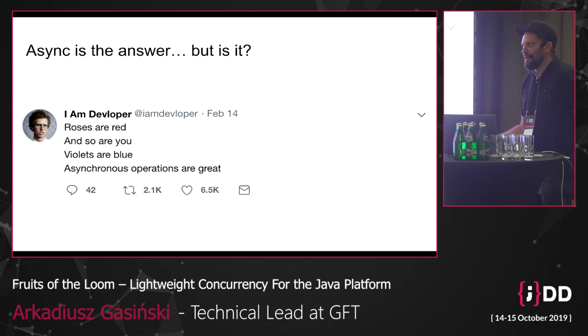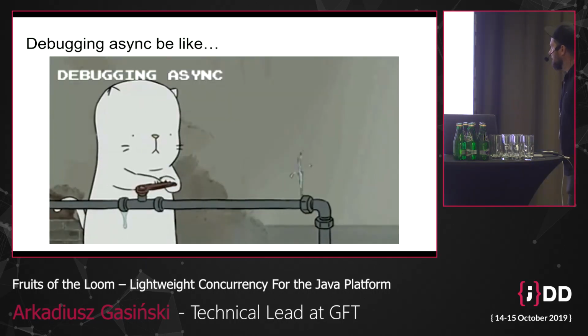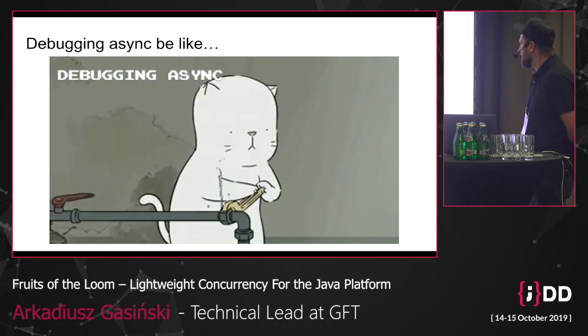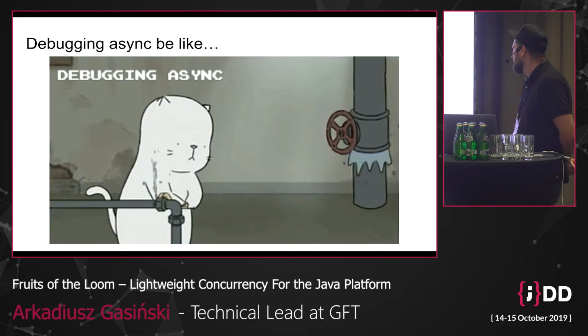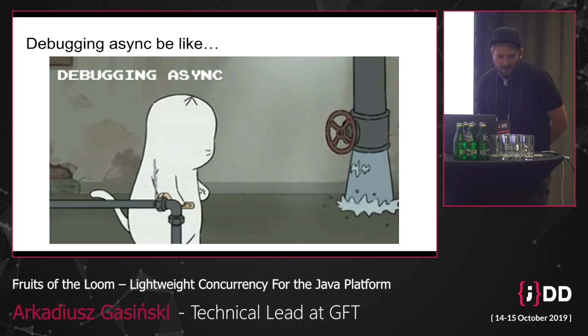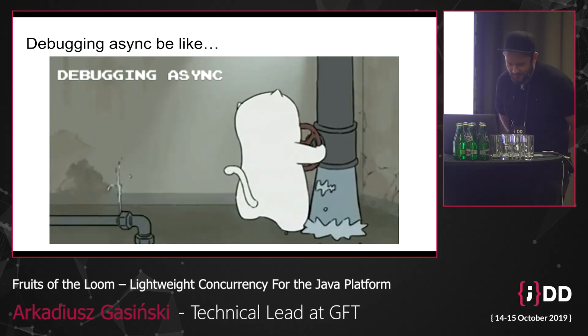And then you need to support two APIs, one for synchronous, one for asynchronous processing. So there's no option to have a single API to rule them all. And if you've ever tried debugging async code, you know how it feels. So I won't be talking about this much.